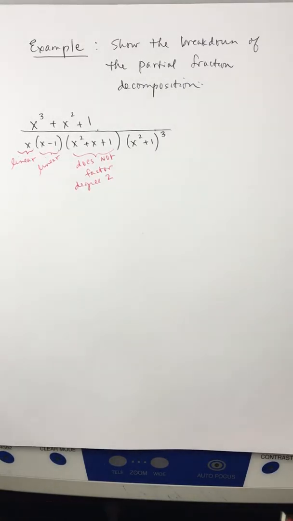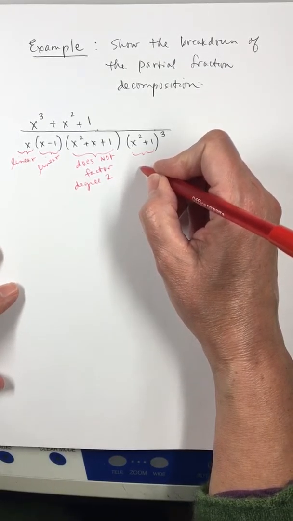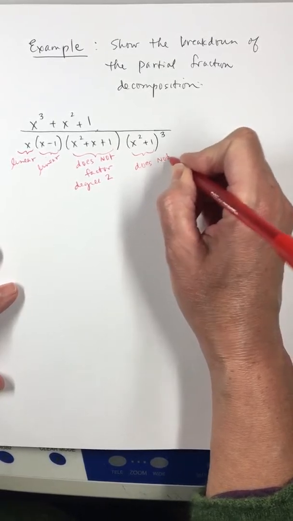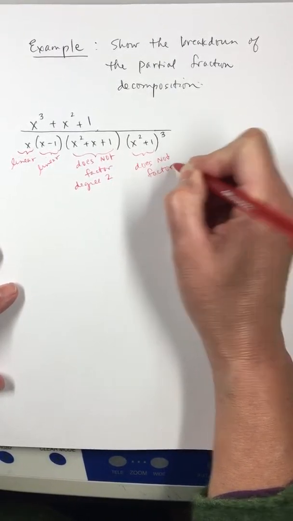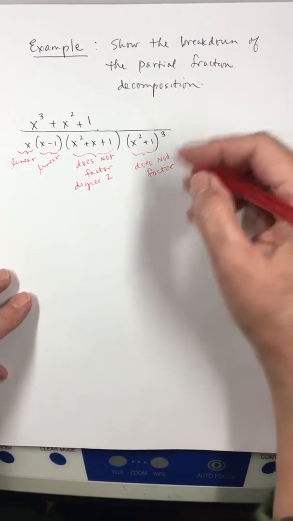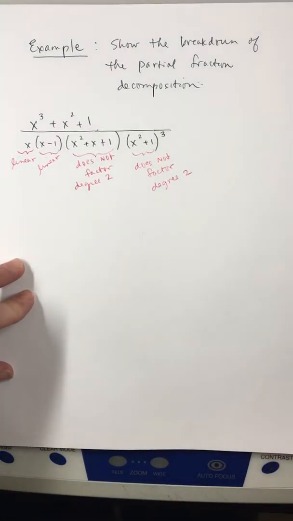And then you have x squared plus 1, which does not factor. Not worrying about the 3 on the outside, I'm looking at x squared plus 1. That one is degree 2 as well.